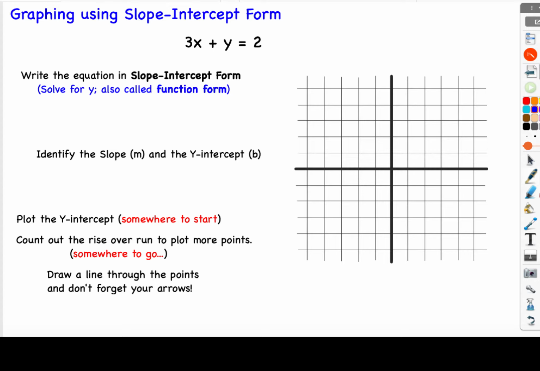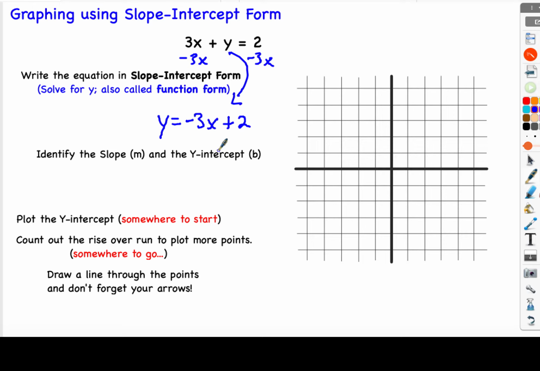Again, the first thing we need is to have y be a function of x. So if you have standard form like we do up top here, what we're going to want to do is solve for y. So I'm going to subtract 3x from both sides in this problem. Y equals negative 3x plus 2. We typically want to write that x term first, but don't forget that negative needs to stick with 3, right? That's negative 3x and a positive 2, again, together.